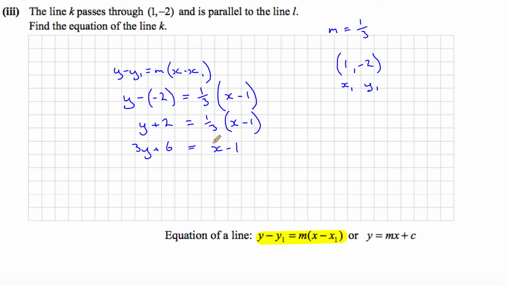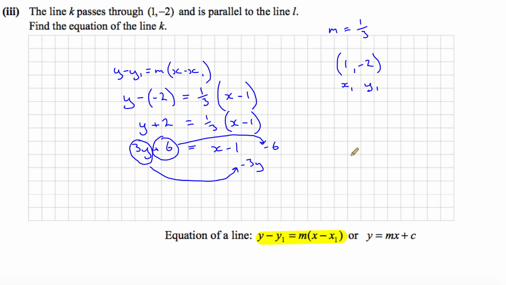So now all that remains is to bring everything maybe to one side. So I'm going to bring the 3y over here. It's going to become negative 3y. And I'm going to bring the positive 6 over here. That's going to become negative 6.